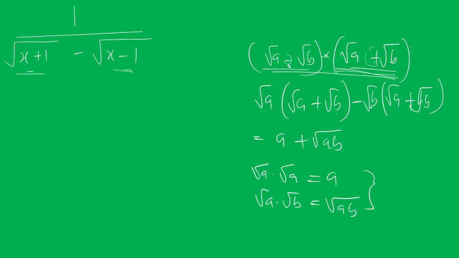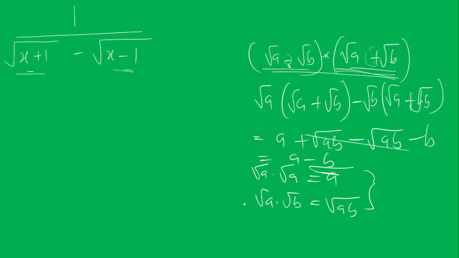Minus square root of b times square root of a will give you minus square root of ab, and minus square root of b times plus square root of b will give you minus b. So these two expressions cancel out, and you're left with a minus b.